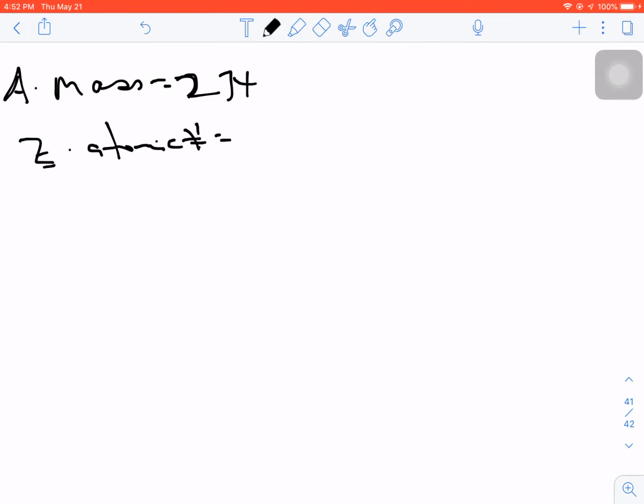It has an atomic number of 90, and it says, what element is it, and how many protons, neutrons, and electrons? So if I go to my periodic table and look for element number 90, I see the element thorium. Okay, thorium is number 90. But when I look at the mass for thorium, I get 232.04.